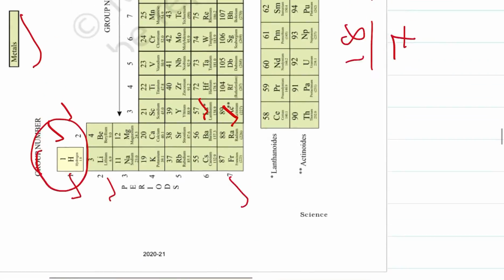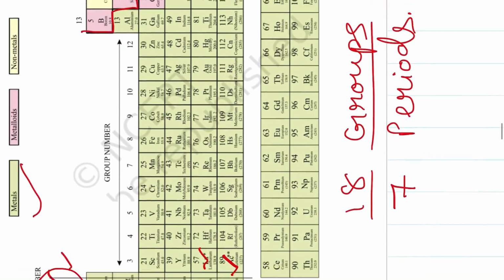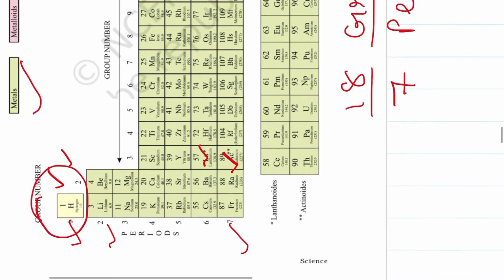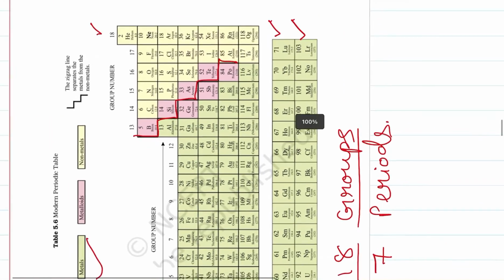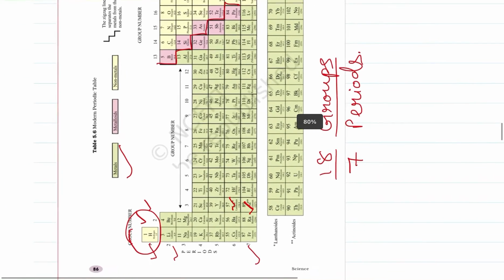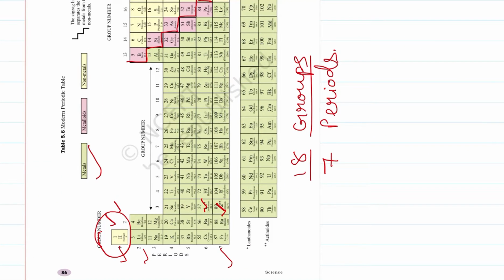Now let us count them. In the first period there are only 2 elements. In the second period it is 1, 2, 3, 4, 5, 6, 7, 8.